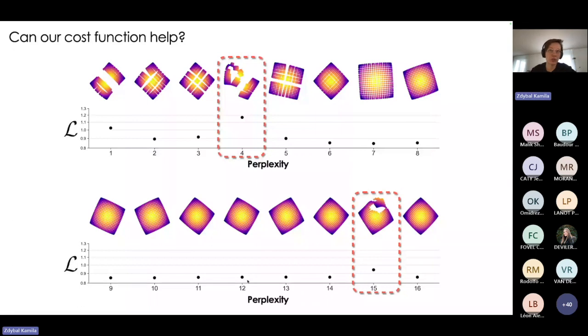That's just because the embedding doesn't change very much. It's that 2-dimensional grid structure. But then we went to perplexity 15, and you can see that this flipping of a corner happened. And now the cost jumped a little bit to reflect that.